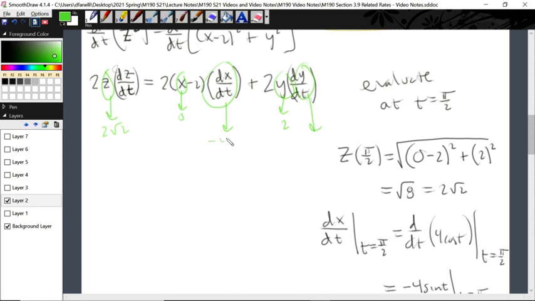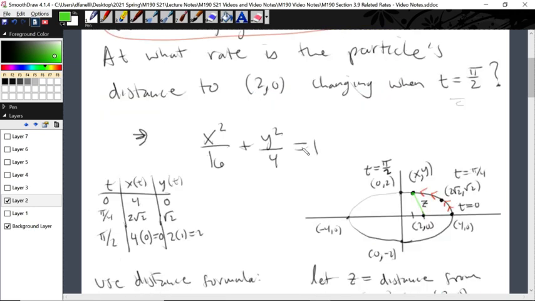Does that make geometric sense to us as we're watching this thing evolve, by the way? This is saying that when t is equal to pi over 2, the x-coordinate is changing with respect to time in the negative direction. Take a look at the picture here. If we imagine our particle is moving along this path in this direction, as it passes through this point, notice that it is moving in that direction.